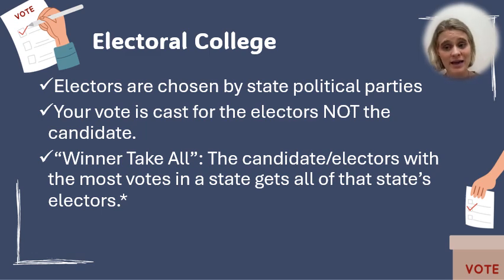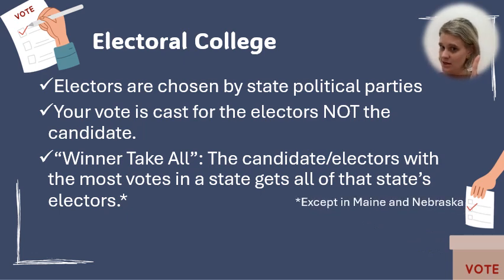So in North Carolina in 2016, our popular vote was majority Trump instead of Clinton. So all 16 of North Carolina's electors went to Donald Trump, voted Republican because that is the way that our state voted. So the winner of the state gets all of the electors, hence winner take all.